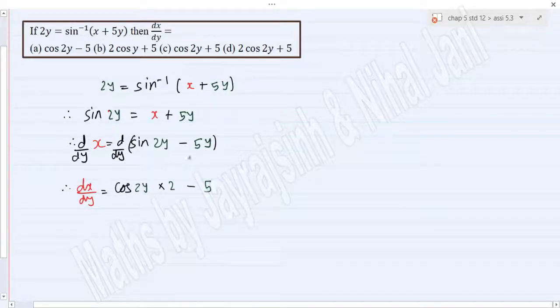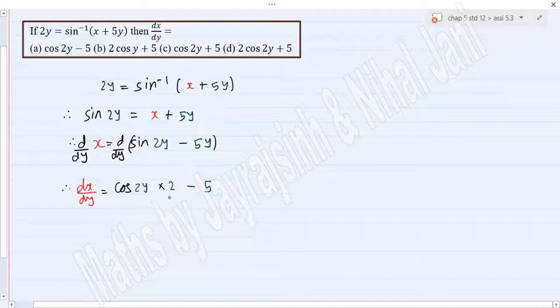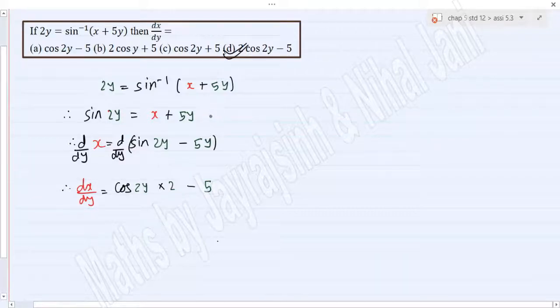Remember, we are differentiating with respect to y, so dy by dy is simply 1. We get dx by dy is equal to 2 cos 2y minus 5, which is given in option D. Ta-da!